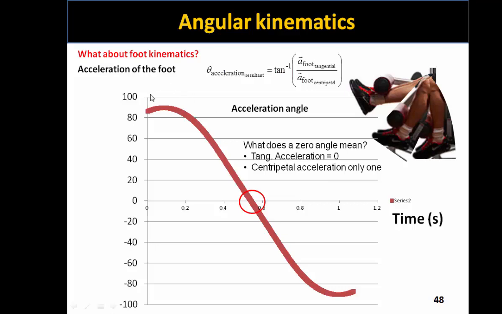And so we see that the acceleration angle is greatest at the very beginning and is most negative at the very end, reflecting the fact that the foot and leg are moving from a state of rest into a larger velocity value.